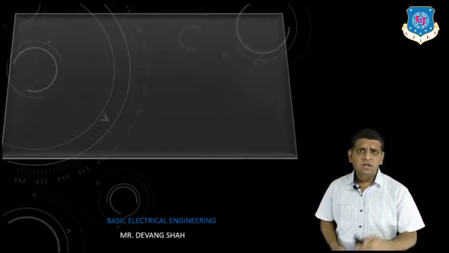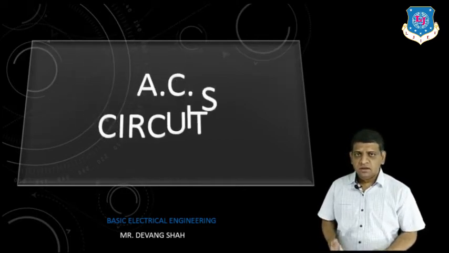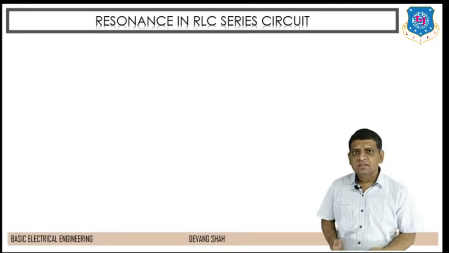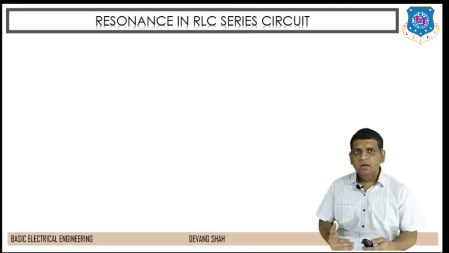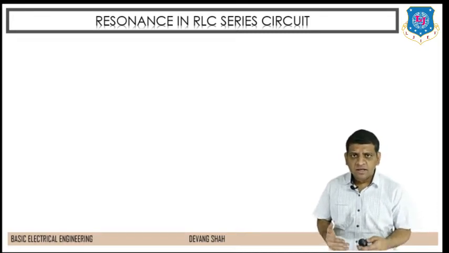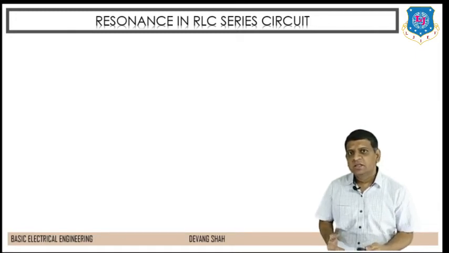Now you can see here as a part of our AC circuits, if we again continue with the series RLC circuit, where my condition we define as a resonance condition. Now this resonance condition has a relation with the applied frequency to this AC circuit.